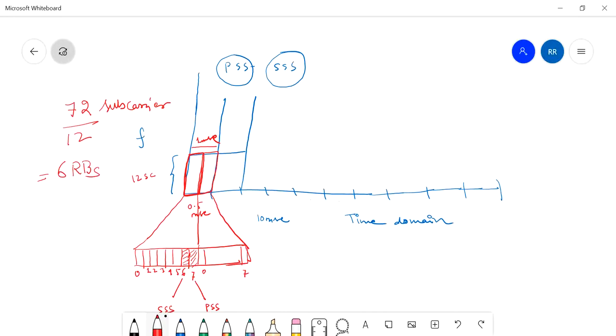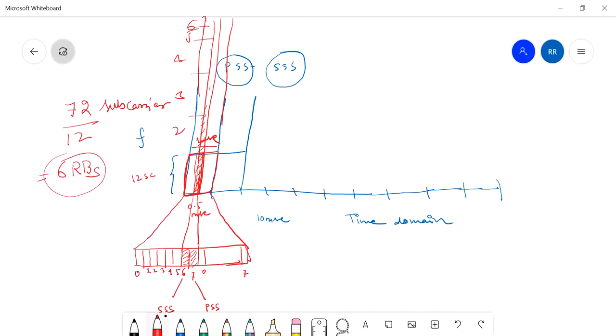So on the frequency domain it will go like this, from here to here, up to 6 RBs: 1, 2, 3, 4, 5 up to 6. So this is the position of PSS and SSS on a resource grid, right?